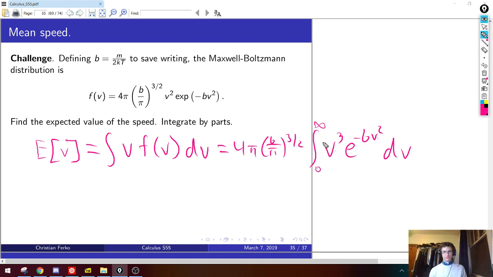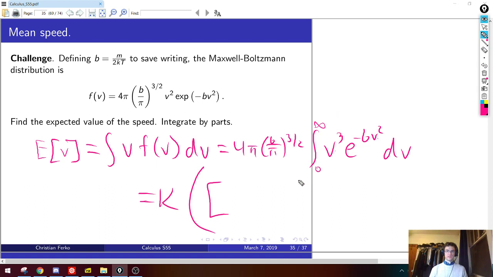Let's see. Integration by parts. We're going to continually move on to the v cubed. You could just define that part as a constant as well. Maybe like k. I'll call that k. So you want to move a derivative onto the v cubed.